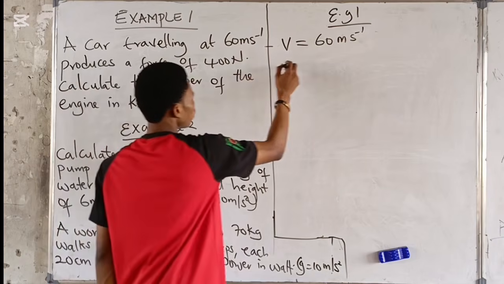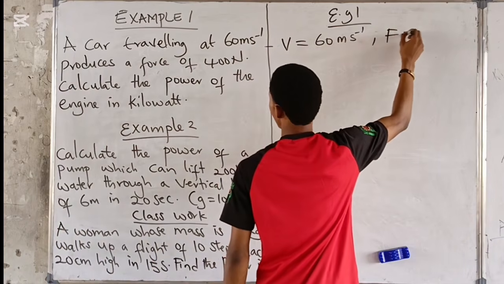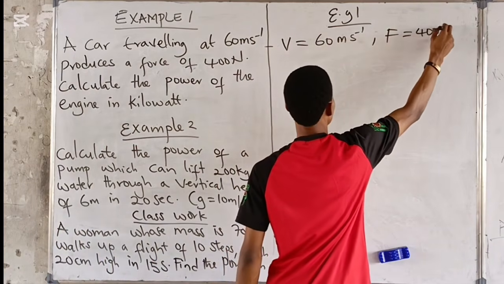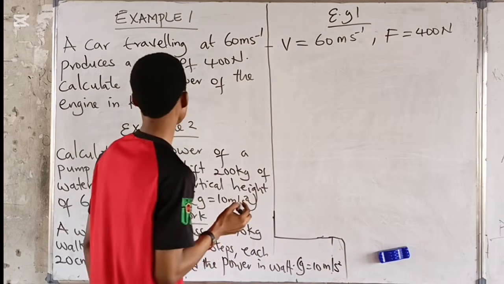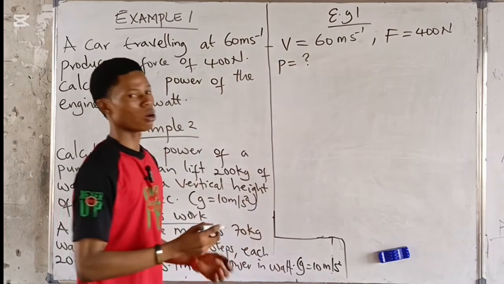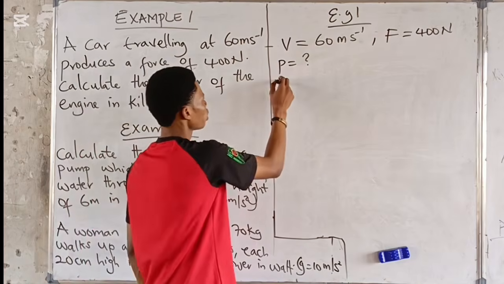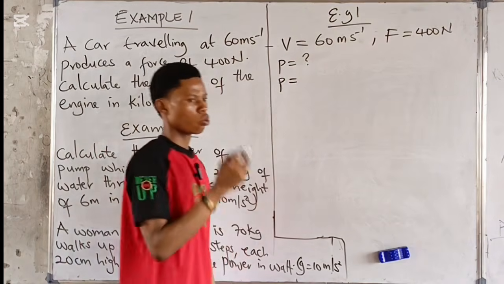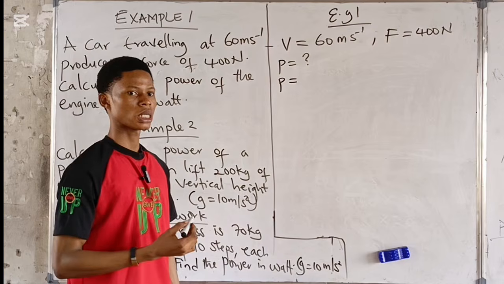It produces a force, so we're given force as 400 Newton, and we are asked to calculate the power. We don't know the power. We're asked to calculate the power in kilowatts. But you agree with me that power is equal to work done over time taken, right?